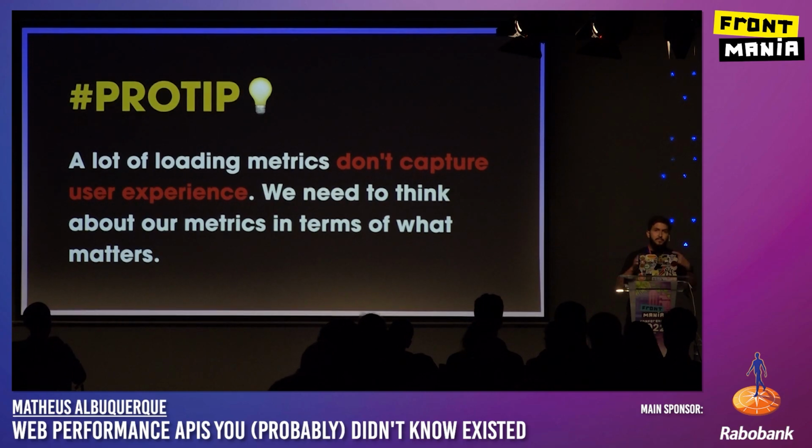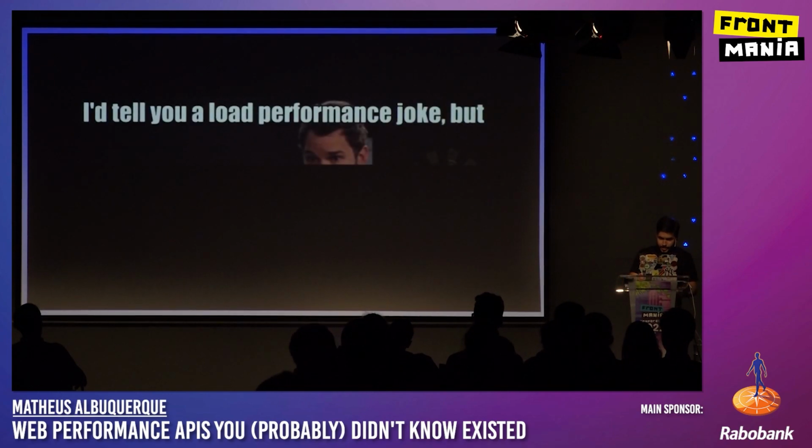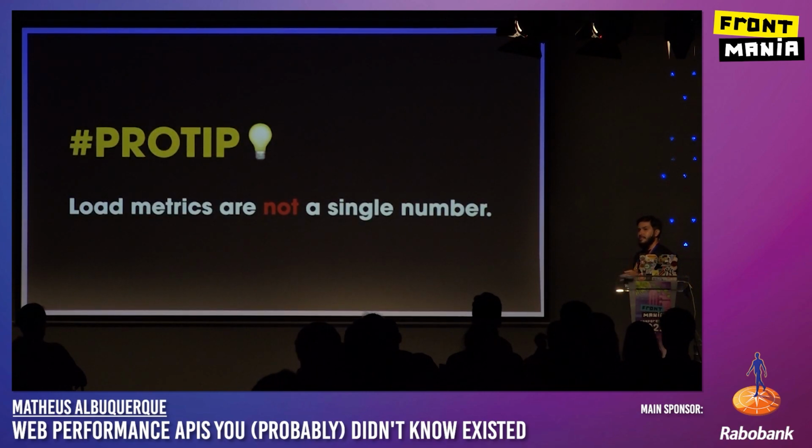So it's important that we think about more metrics that capture what really matters for the user. All of us are front-end engineers, and we like to brag about, oh, my app loads in n milliseconds or seconds or whatever. And the thing is, load metrics are not a single number.